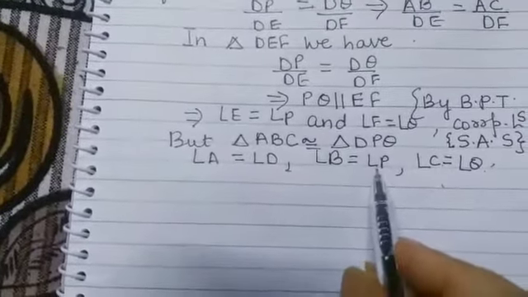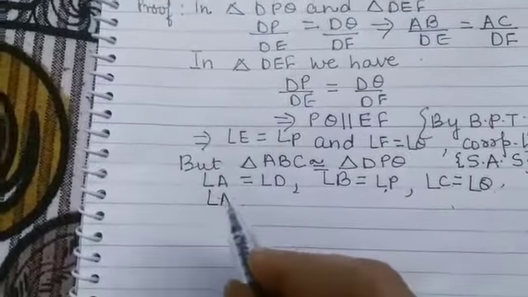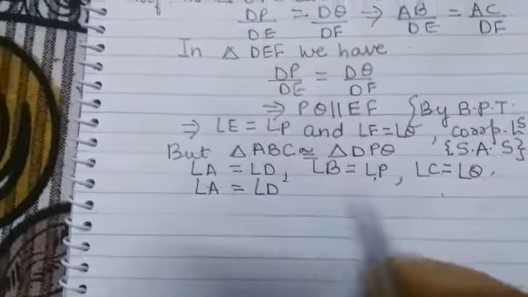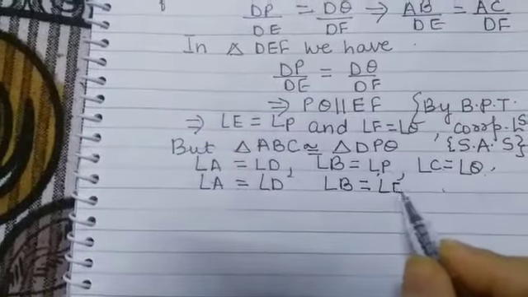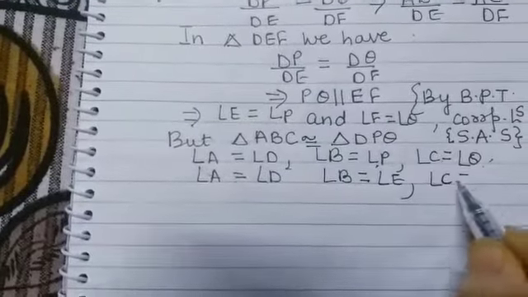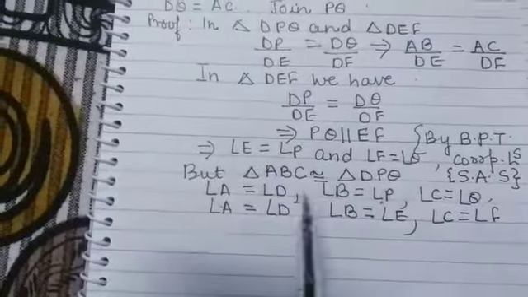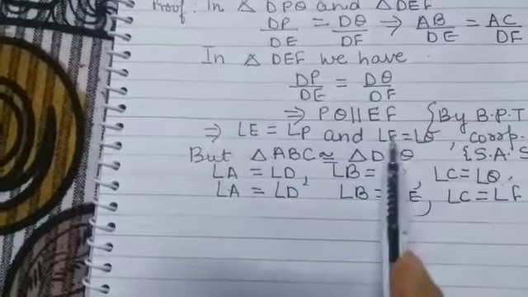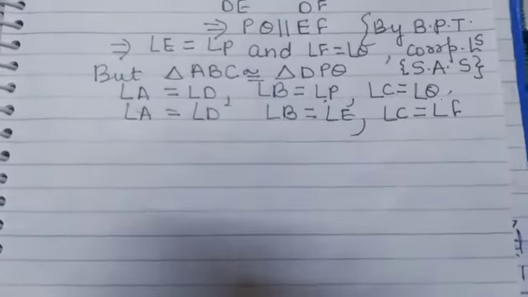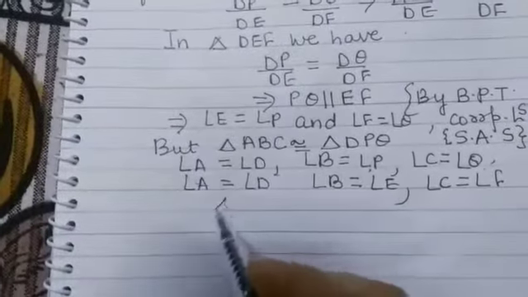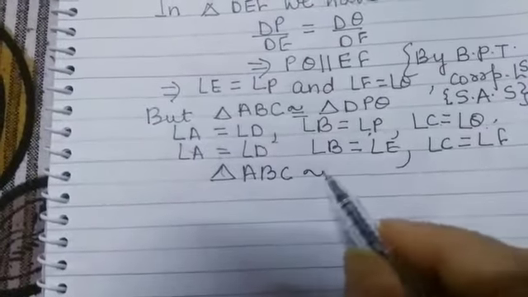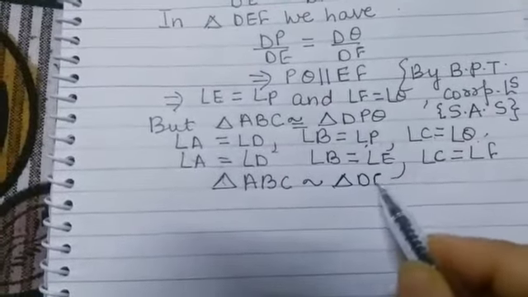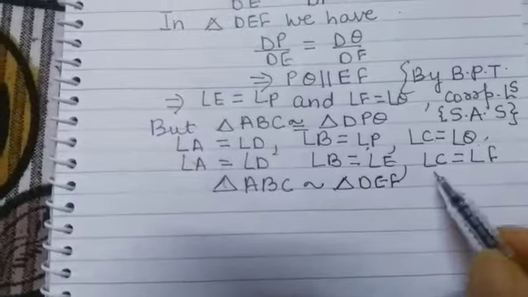So you know angle, now what will come to? Angle A is equal to angle D. Now angle B is equal to angle E, and angle C is equal to angle F. Because right now I told you that angle E is equal to P and angle F is equal to Q because they are corresponding angles. So we come to this conclusion now. So this shows that triangle ABC is similar to triangle DEF by which property?